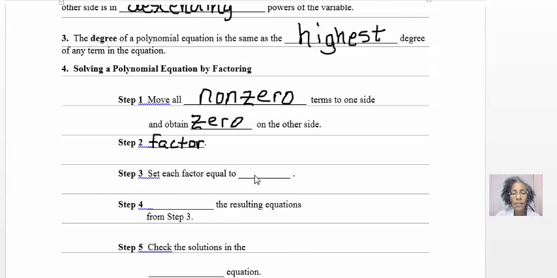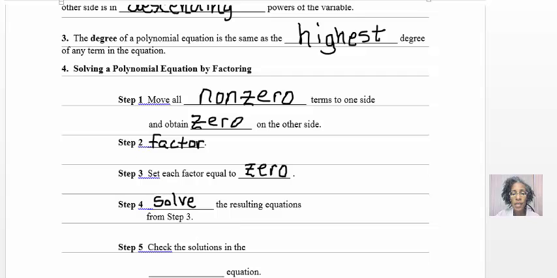So you're going to factor the side of the equation that has the polynomial. Step 3 is to set each factor equal to 0. Step 4 is to solve the resulting equations from step 3.